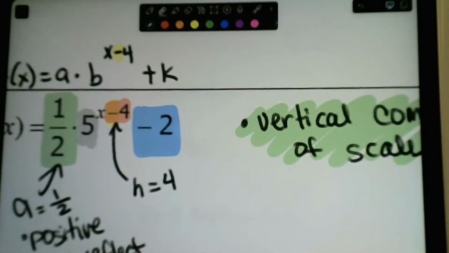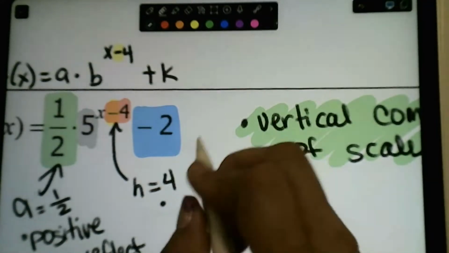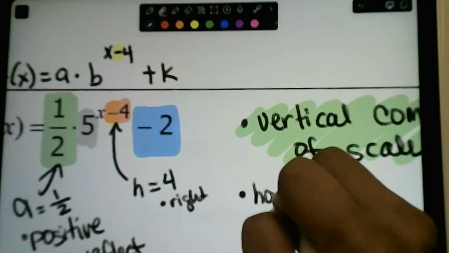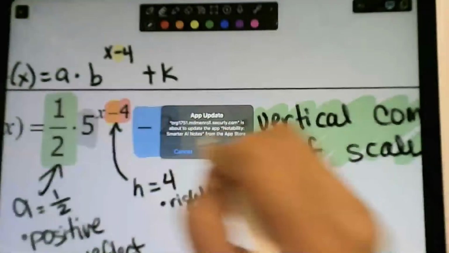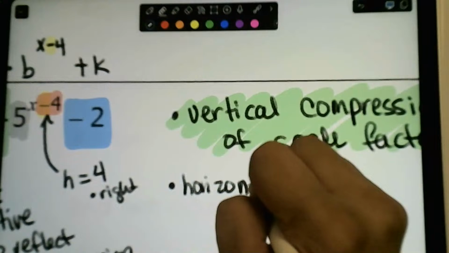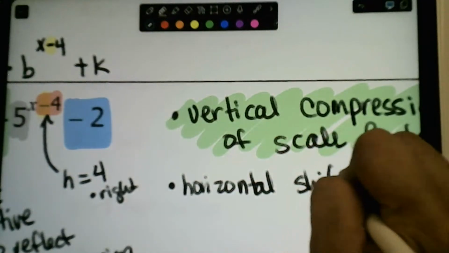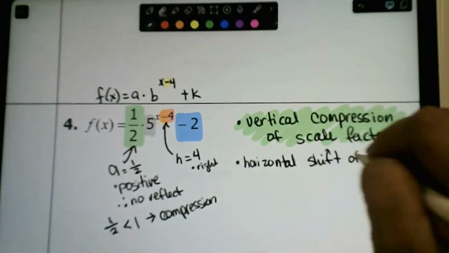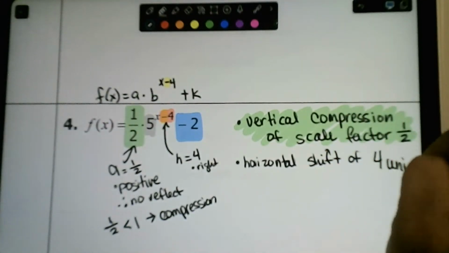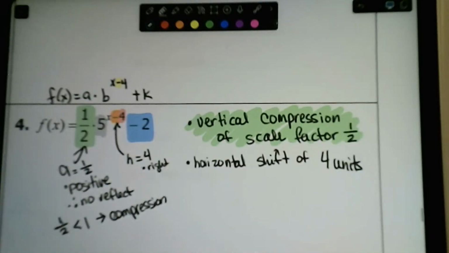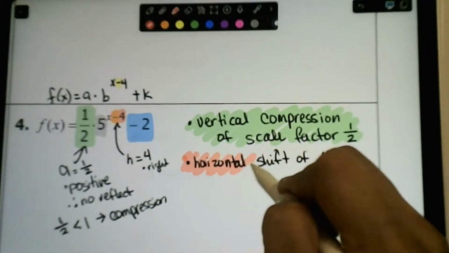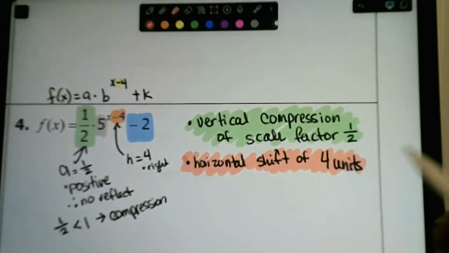So is it moving left or right? To the right. So that's our next thing. We have a horizontal shift of 4 units. And this is the information that I'm getting off of the thing I highlighted red. Off of H.